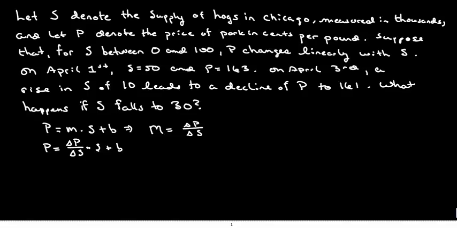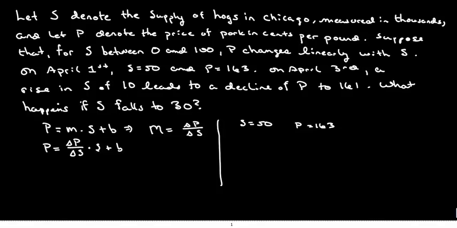This is what we have to find. They give us some data. They say that when S is 50, the price is 163. They tell us there's a linear or proportional relationship between P and S for values of S between 0 and 100, and clearly 50 is between 0 and 100.